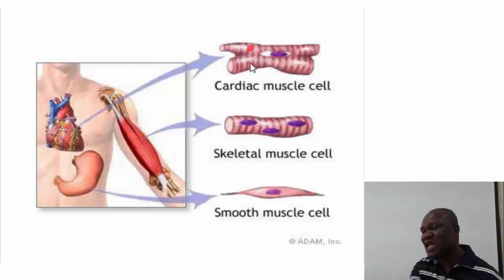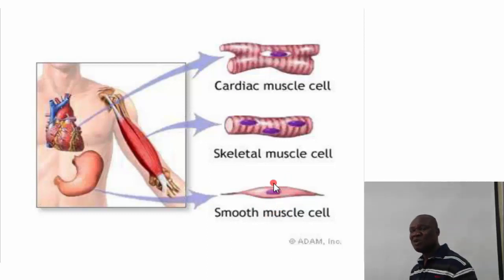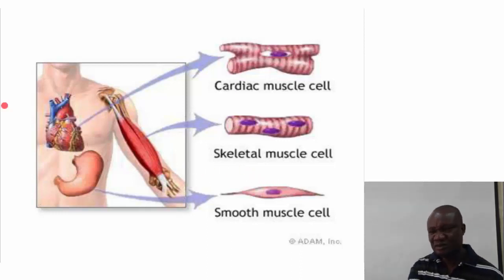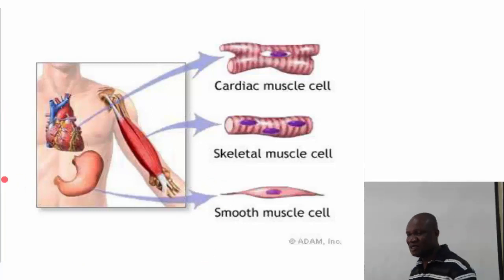Then we have cardiac muscle, which is striated but involuntary, and they form the wall of the heart. Then we have smooth muscle, which is non-striated and non-voluntary. These line body cavities. The smooth muscle line body cavities.